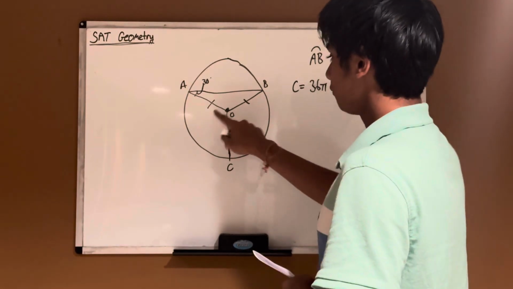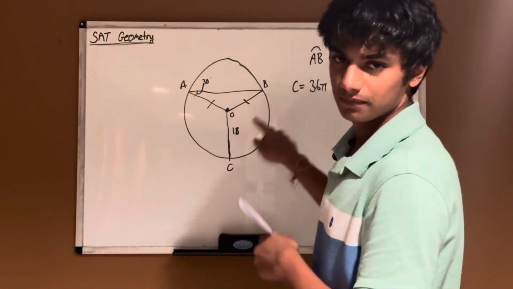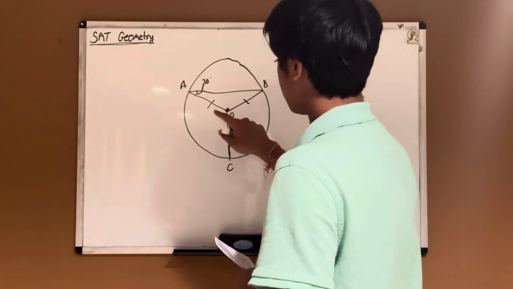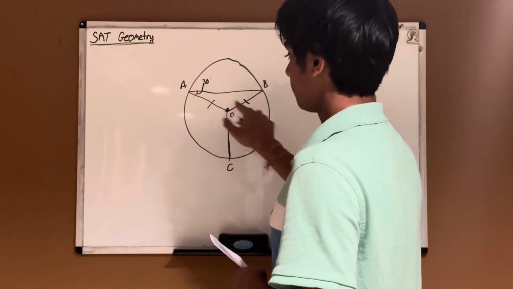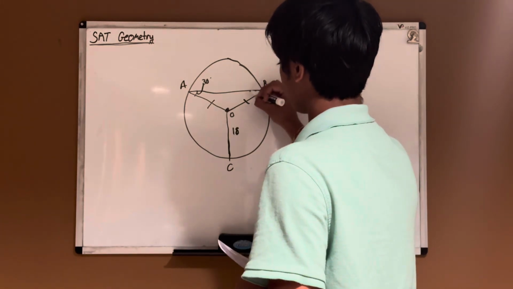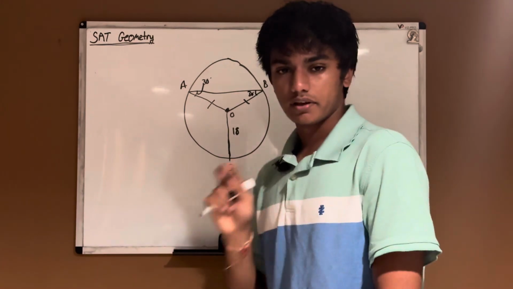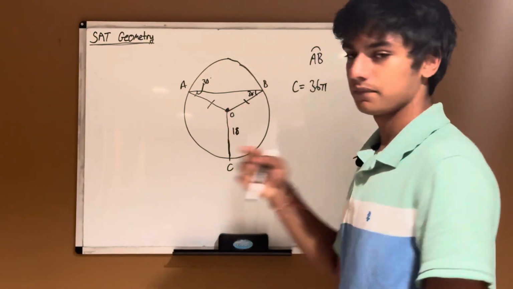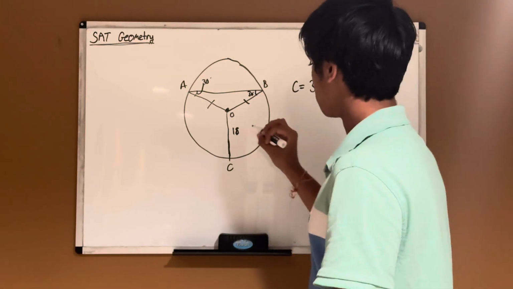And so because these two radii are equal, we know this is an isosceles triangle, and from that, the angles opposite the equal sides are equal, so this is 30 degrees as well. And we know that the sum of the interior angles in a triangle is 180, so this has to be 120.